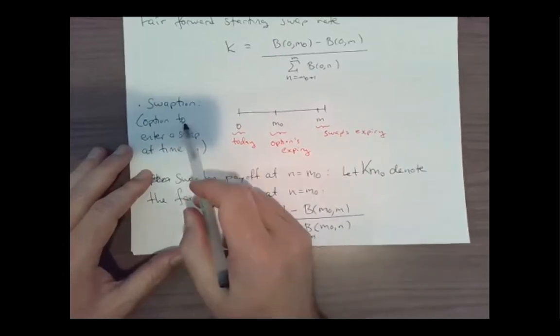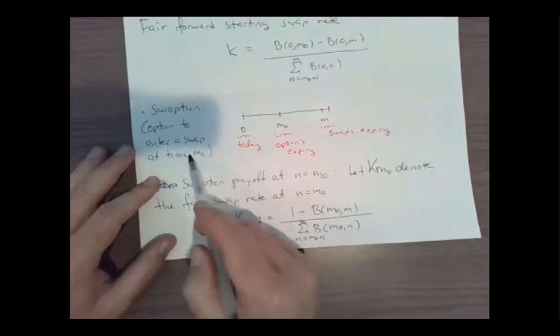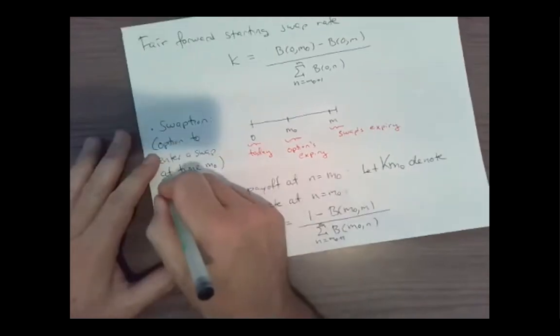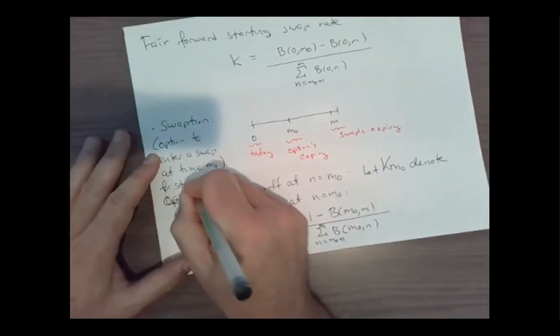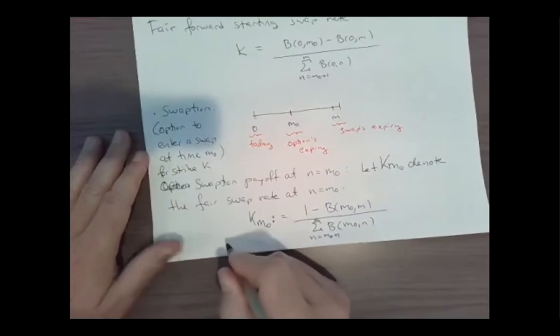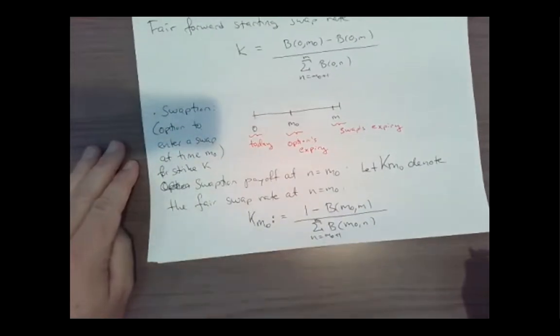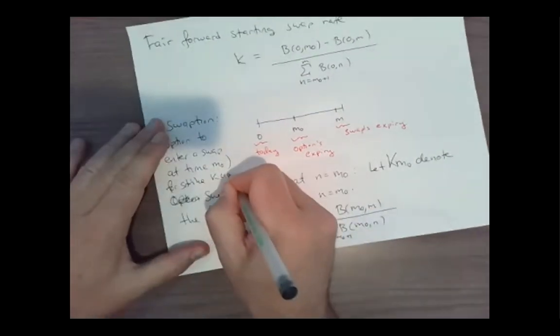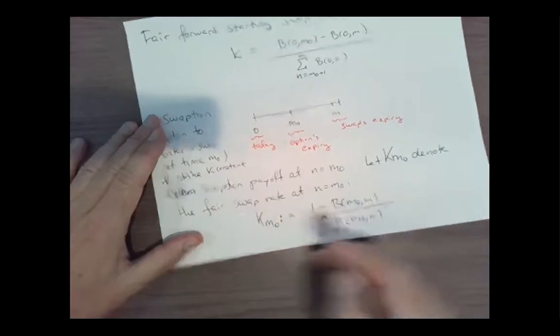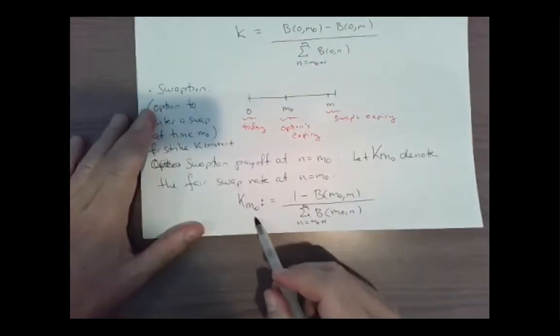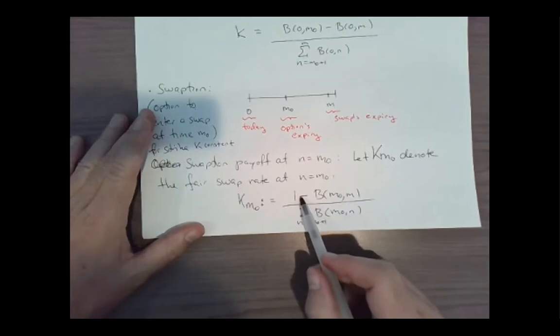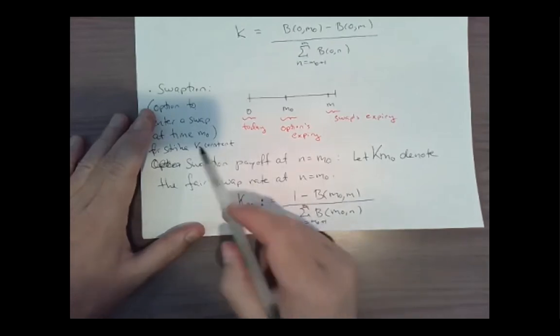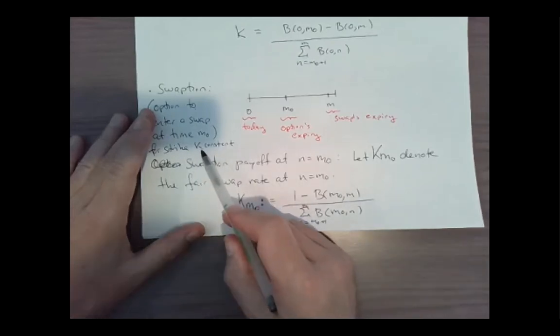So we have the option to enter a swap at time M for strike K, and K here is a constant. The fair swap rate at time M0 is given by this thing, and now we have the option to enter it for the strike K instead.